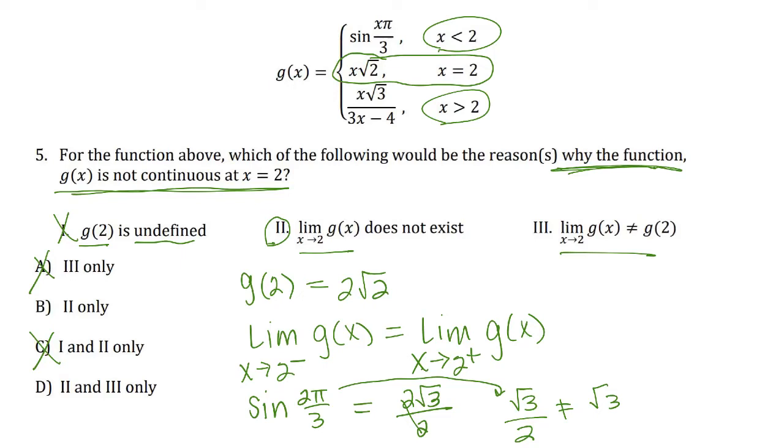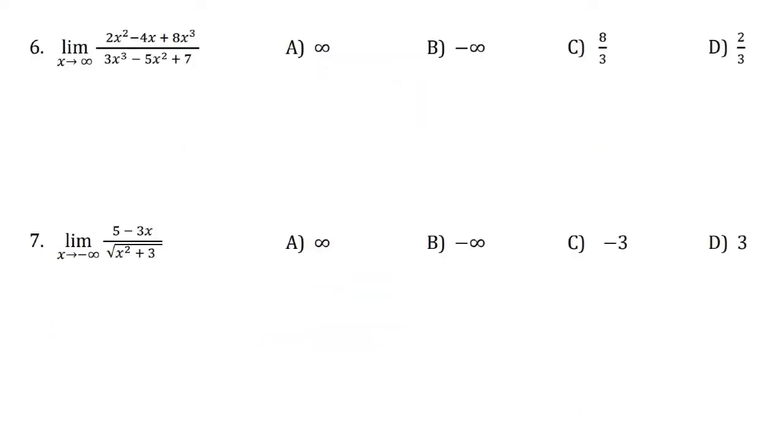So let's check and see with 3. The limit as x approaches 2 equals g at 2. Well, g at 2 is 2 root 2, and that's definitely not the limit because the limit doesn't even exist. So that looks like there's another reason why this could not exist. So it looks like we're going to get answer choice D.